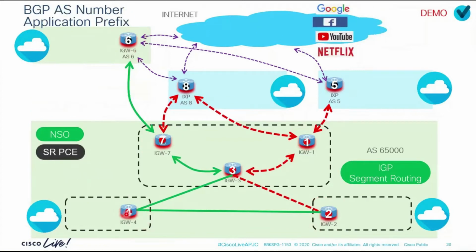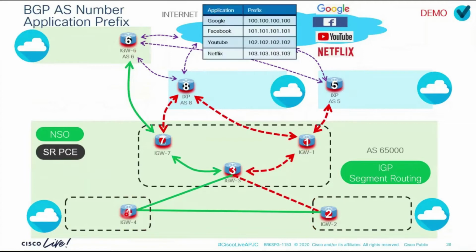I will use dummy prefixes here. I set the Google prefix to use 100, Facebook 101, and so forth. They are actually advertised by router 5 as the internet gateway, internet router here.